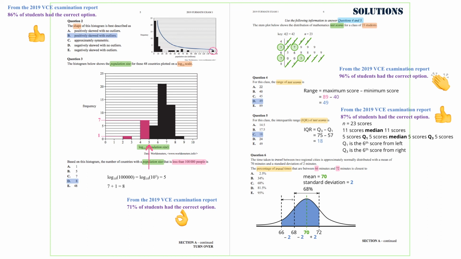Now, to calculate the other area, we calculate 95 take away 68, all divided by 2, which is 13.5%. So the percentage required is 13.5 plus 68, which is 81.5%. So the answer we're after is option D, 81.5%. From the 2019 VCE examination report, 79% of students had the correct option.